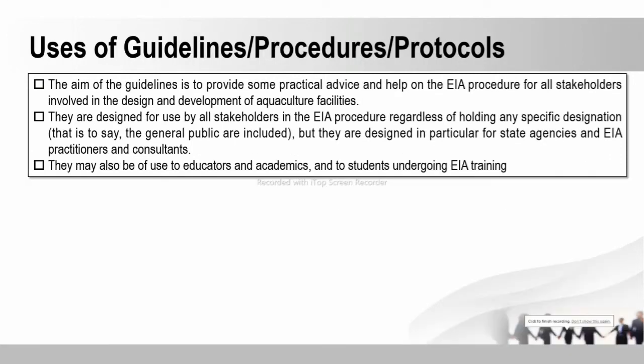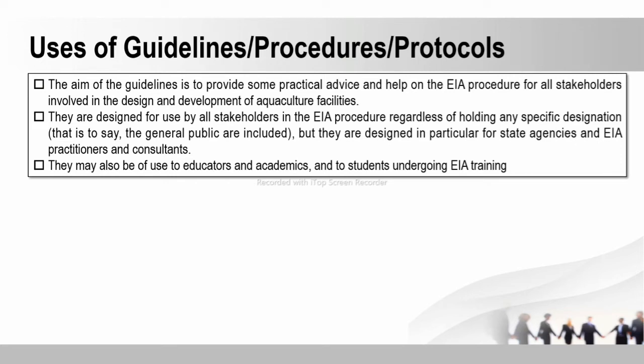The next point of this report is the uses of guidelines, procedures, or protocols. So the first use is that the aim of the guidelines is to provide some practical advice and help on the EIA procedure for all stakeholders involved in the design and development of aquaculture facilities or even environmental development.